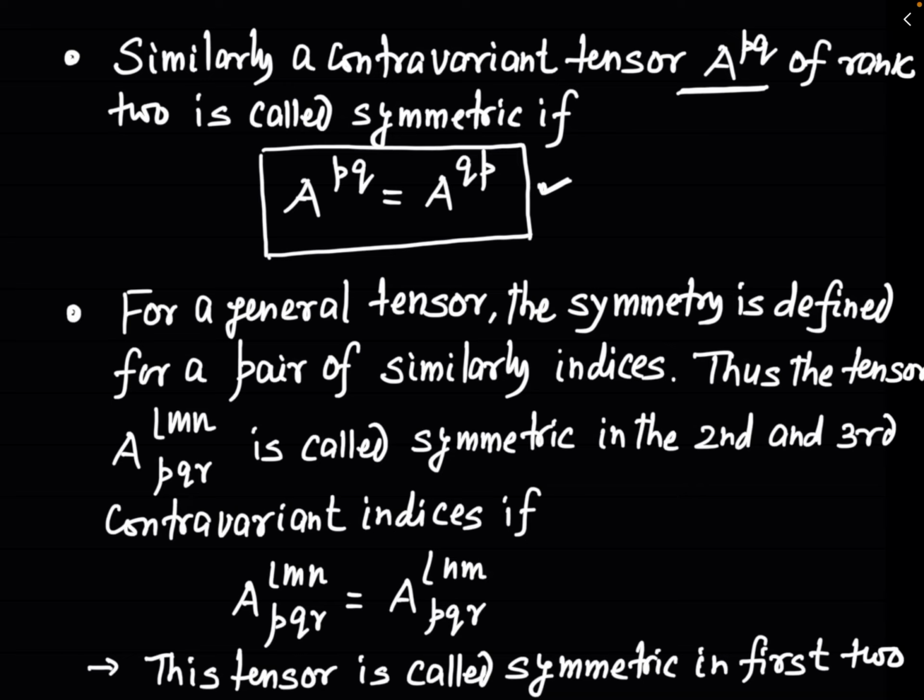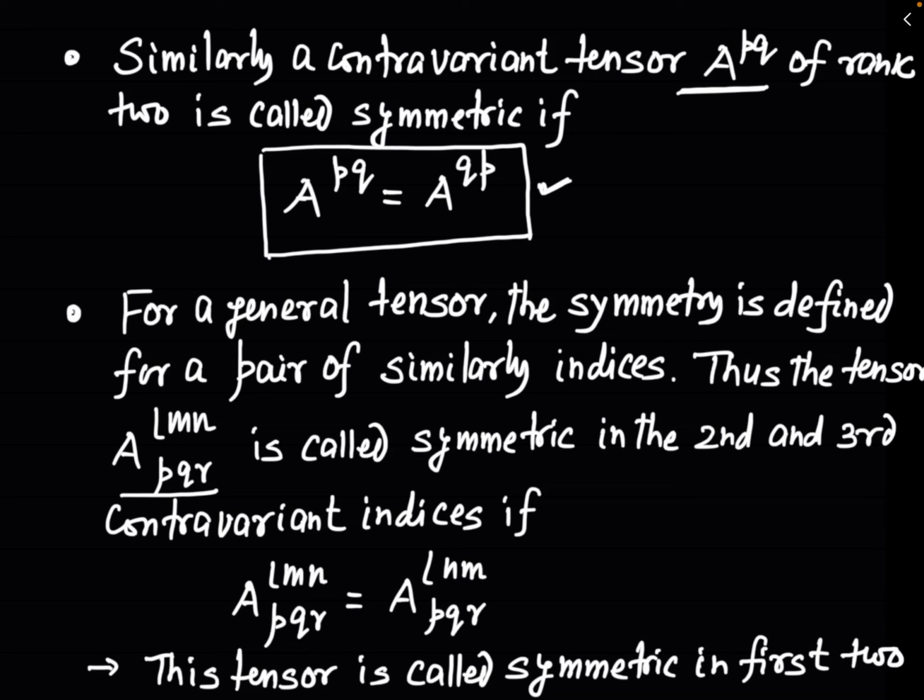So to know the general definition of a symmetric tensor, let us consider a proper example. We consider a mixed tensor, let us say A super LMN sub PQR. Here LMN are super indices or contravariant indices, and PQR are actually the sub indices, or you can say these are subscripts or the covariant indices.